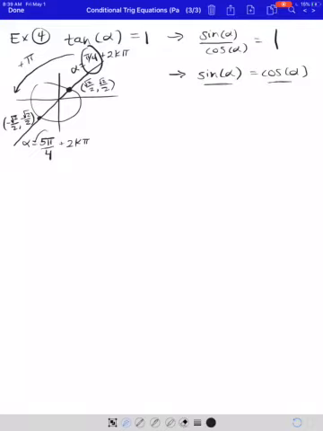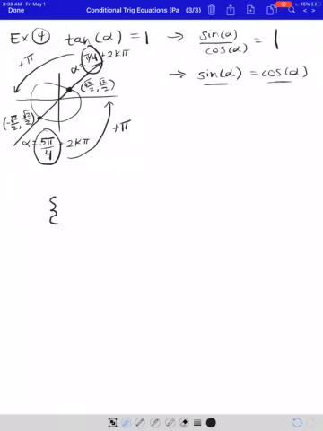Well, that would bring me around to 5 pi over 4, my solution in the third quadrant. And now if we start at 5 pi over 4, what if we just add pi again? Well, that would bring me to 9 pi over 4, but that's coterminal to this pi over 4 in the first quadrant. So basically adding pi instead of 2 pi is just going to bounce back and forth between our two locations in the first quadrant and also in the third quadrant.